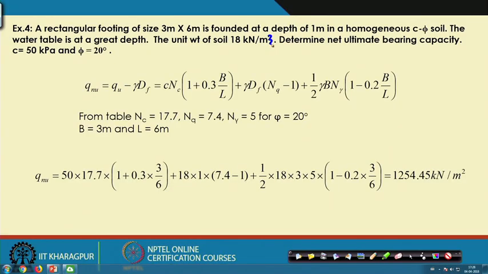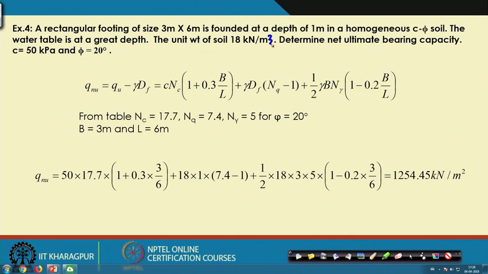Now here, from the stress strain curve, it is mentioned that general shear failure will occur. If nothing is mentioned in the question, then it will be treated as general shear failure. If there is a local shear failure, then it will be indicated that it is a local shear failure for a C phi soil. Otherwise, it will be a general shear failure. Here nothing is mentioned, so it will be a general shear failure.